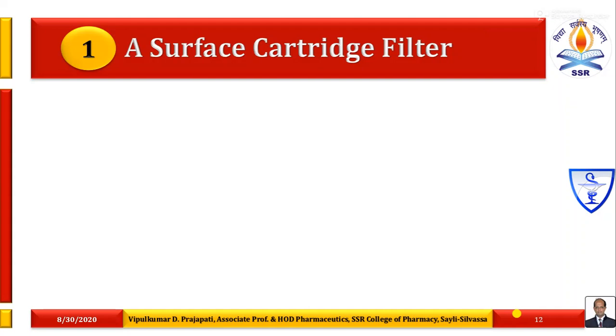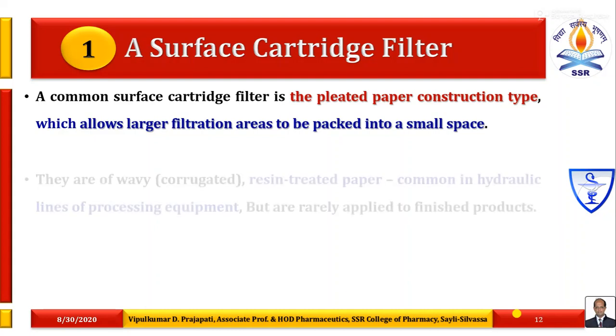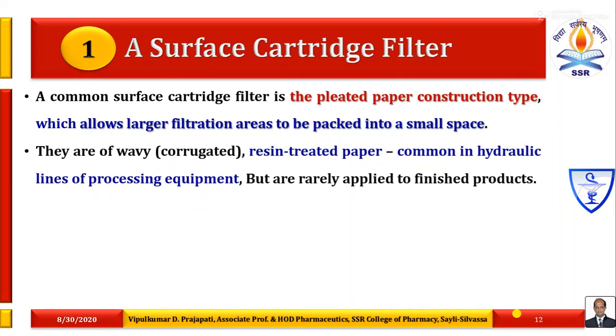First, a surface cartridge filter. A common surface cartridge filter is the pleated paper construction type, which allows larger filtration areas to be packed into a small space. They are of wavy or corrugated, resin treated paper, common in hydraulic lines of processing equipment, but are rarely applied to finished products.